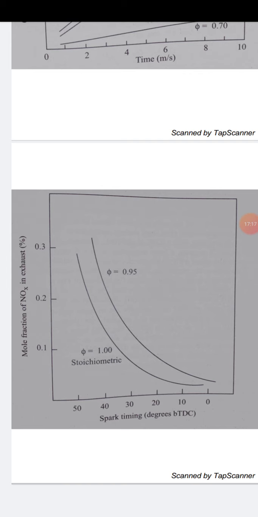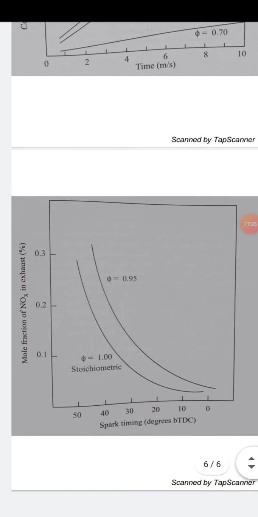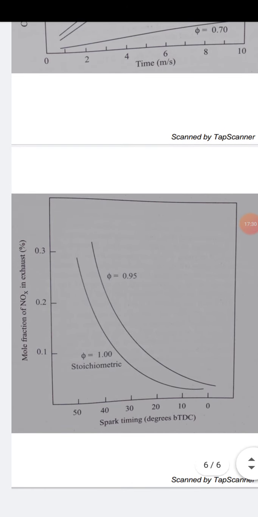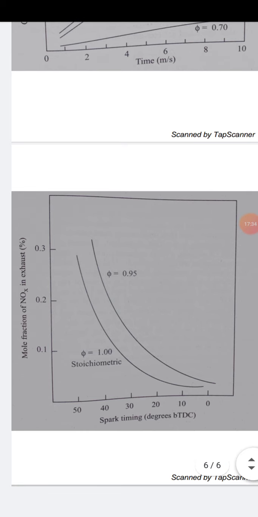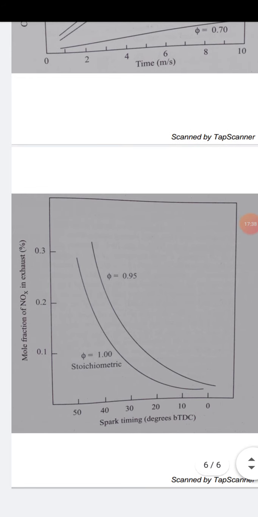So we are denoting the timing on the x-axis, and the mole fraction of NOx on the y-axis. In this process we consider the factor phi and how it changes the NOx concentration with the spark timing.